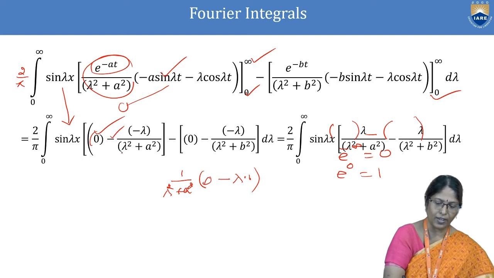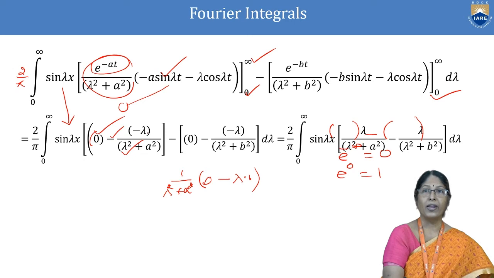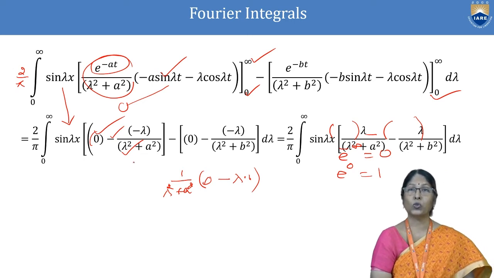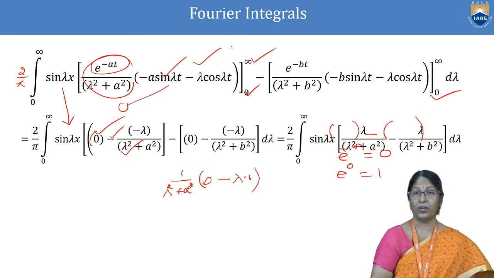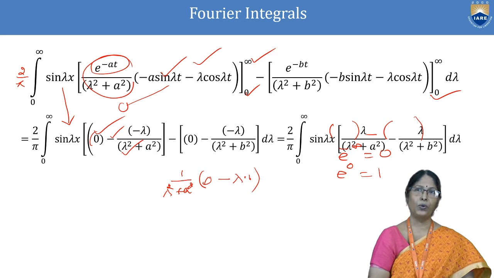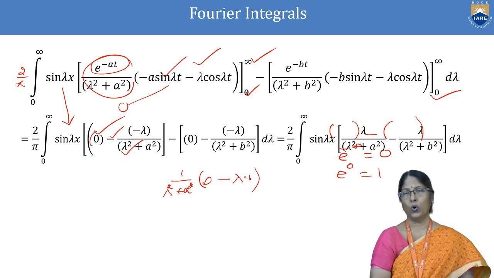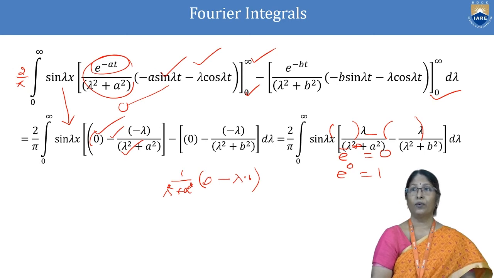That is the reason here it is written minus of minus lambda by lambda square plus a square. So in the first integration we substituted the limit, that is from 0 to infinity. Upper we substituted, minus, lower one we substituted, following the values e power minus infinity equal to 0, e power 0 equal to 1.